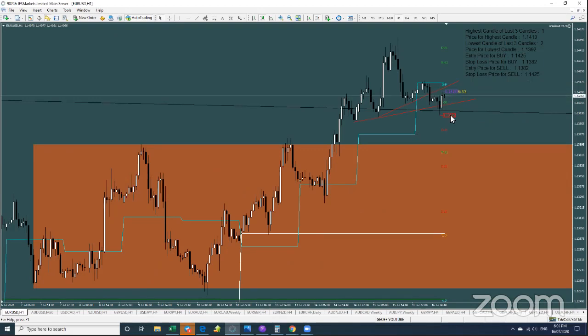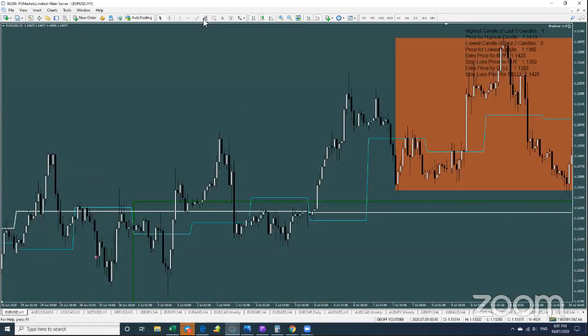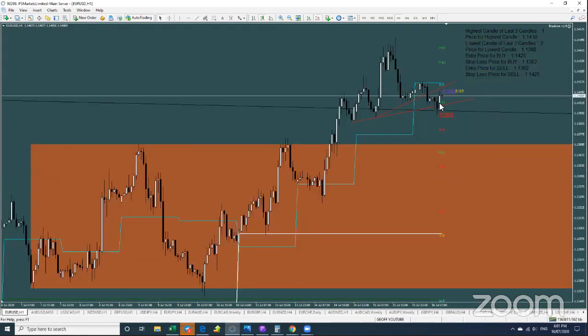I didn't need to do that, but we do have, okay, our high is 114.8 and we'll go 114.20 as our stop loss. 114.20 is our stop loss and our entry is 113.95. 113.95 and 114.20. Right, 114.20, 113.95.